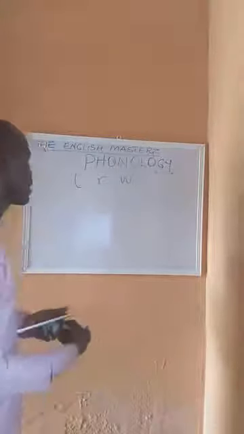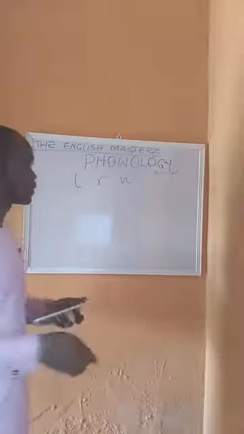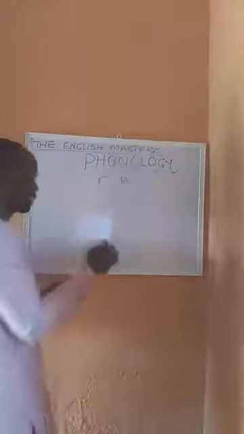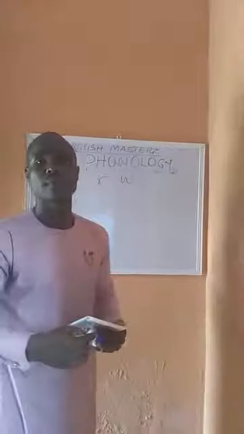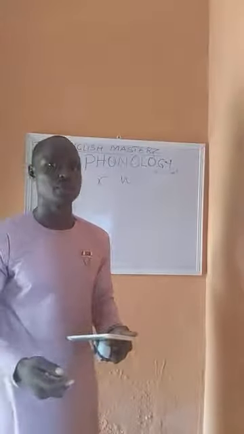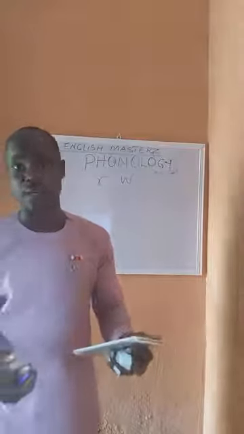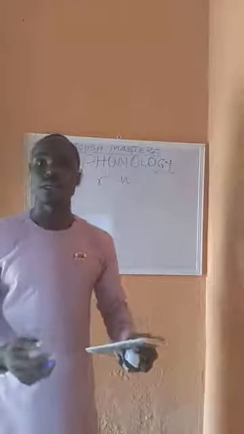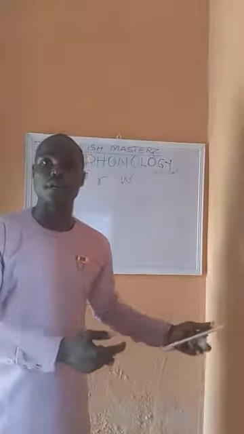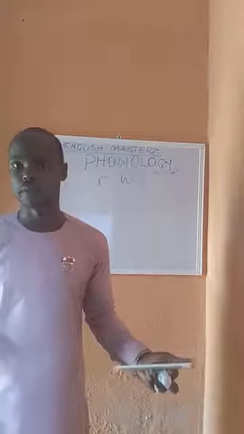Now, how does R affect the supposed short R sound? Well, when R appears after A, now take note. Your knowledge of syllables can help us well, because in some cases A can be there, for example, in the word arrow, and what you get is different, okay?